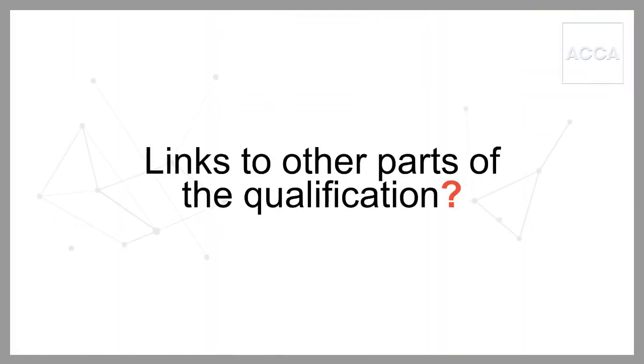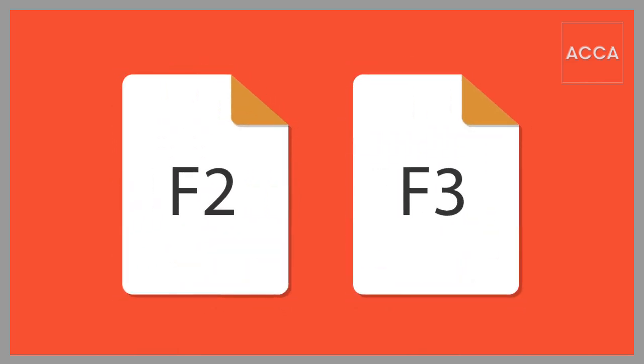From what you have just said, the F1 paper does not sit in isolation, so are there any links with other papers or with other components of the ACCA qualifications? Yes, F1 introduces certain key business and accounting concepts which are developed in the other Knowledge module papers. The other papers introduce the student to the specific techniques used in financial and management accounting.